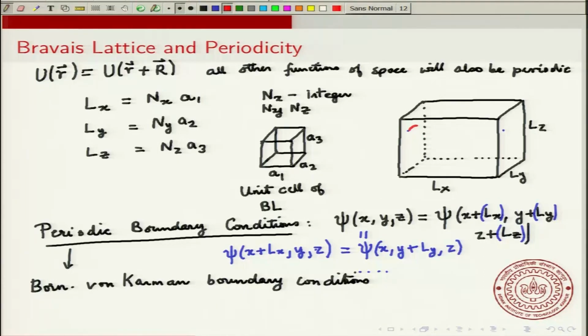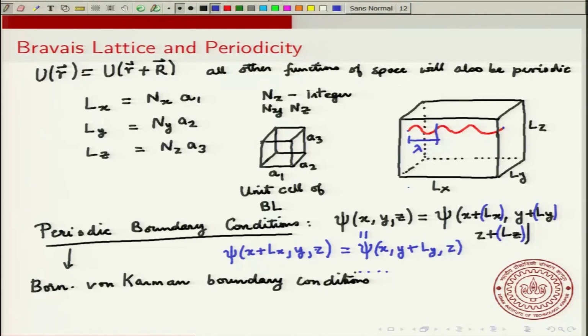So, suppose you have a sine or a cosine function, then it could be periodic, provided the wavelength of the sine wave multiplied by an integer gives you the overall length of the system.